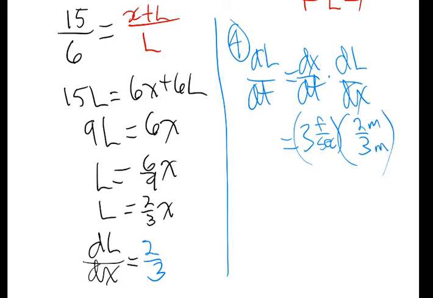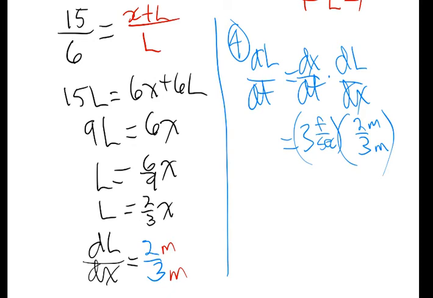Now, what does that actually mean, dL by dx? It means that L changes by 2 meters every time x changes by 3 meters.